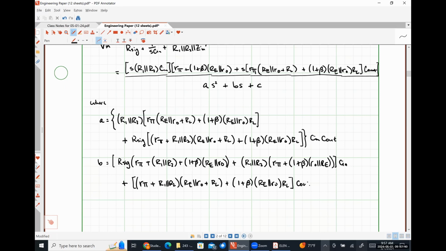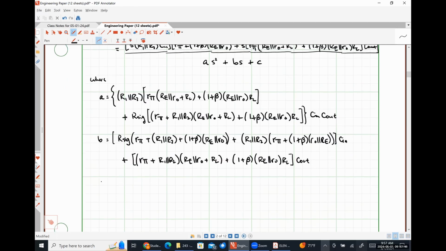Close that times C out. And lastly, C is R pi plus R1 in parallel with R2 plus 1 plus beta RE in parallel with R naught.